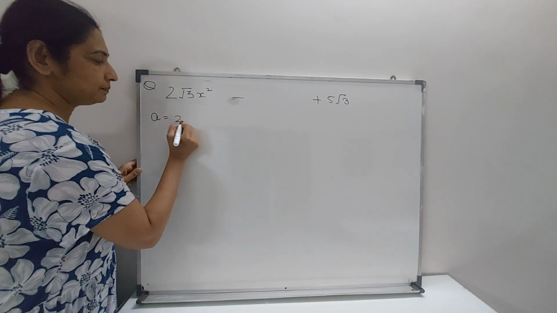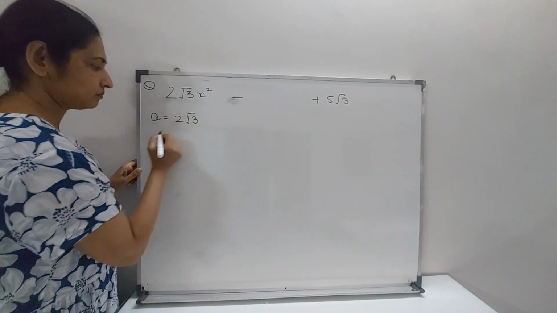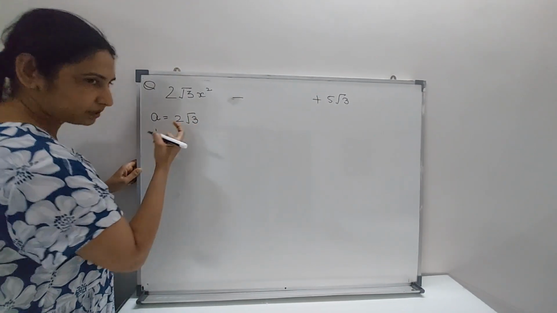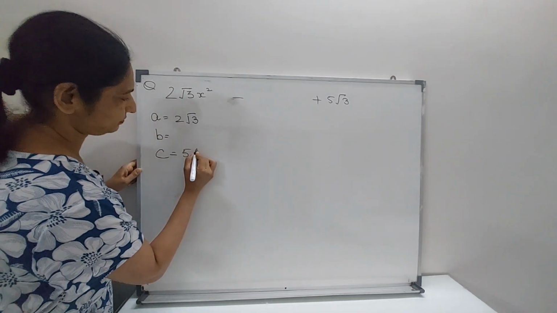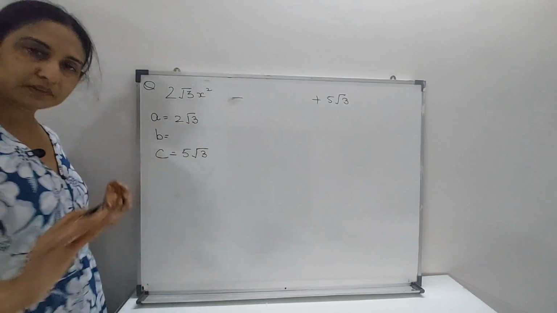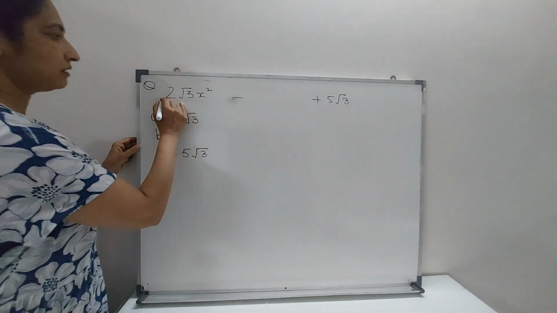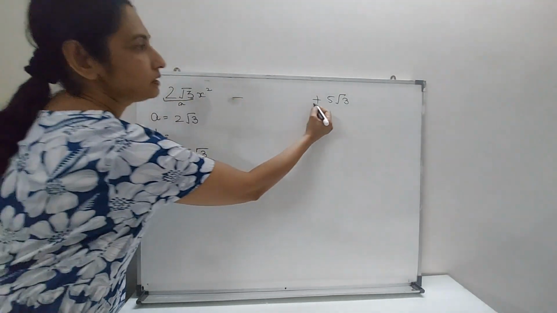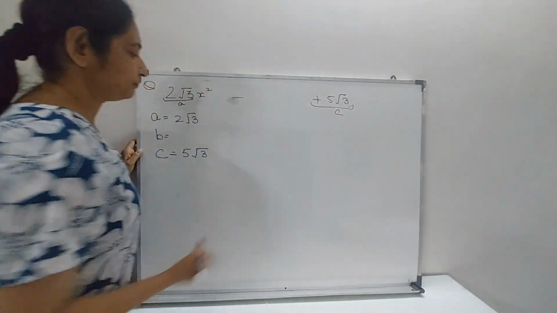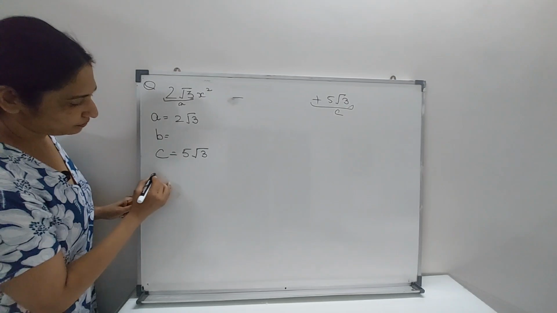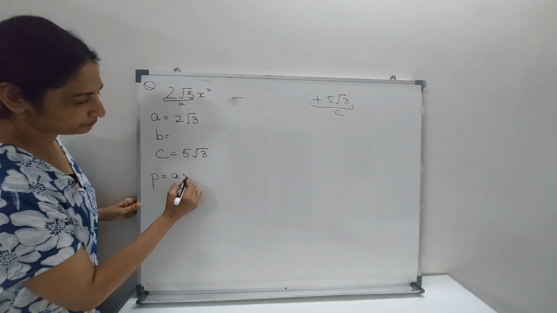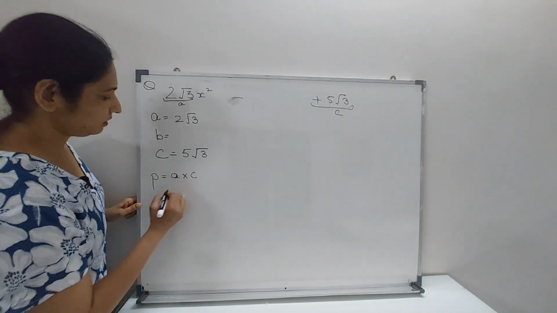How much is A? A and C. Now, always what is the first step? The first step is to find the product.